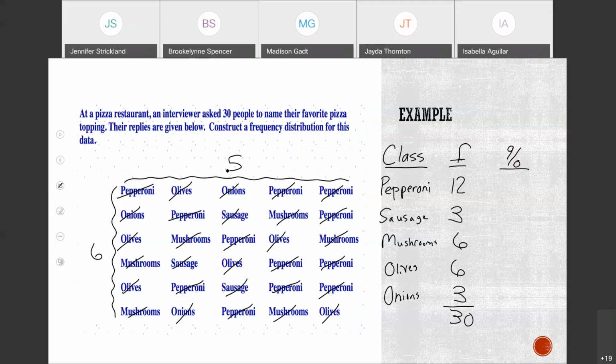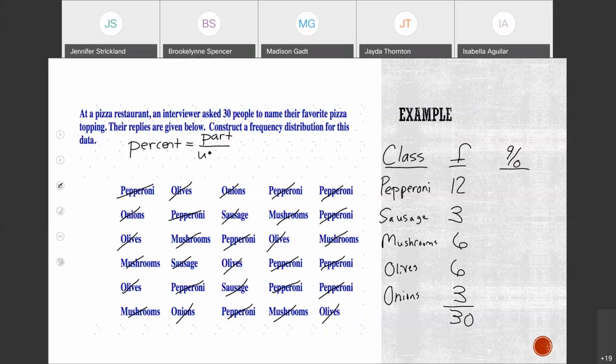All right, so percents. An easy definition for a percent is that it is the part over the whole. And then we multiply by 100, which changes that decimal to a percent value.